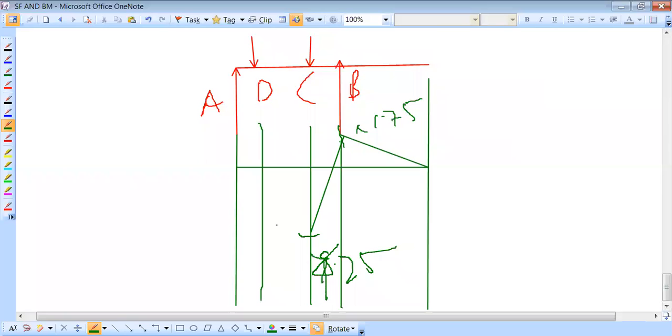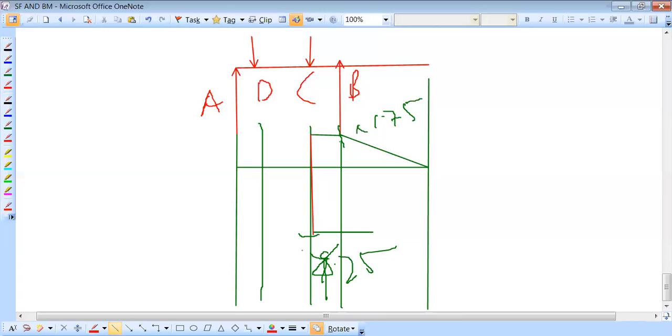Then at point D, no load between this and this. Sorry, some mistake here. So draw from here at point here. The line should be this line, not a straight line, this line.